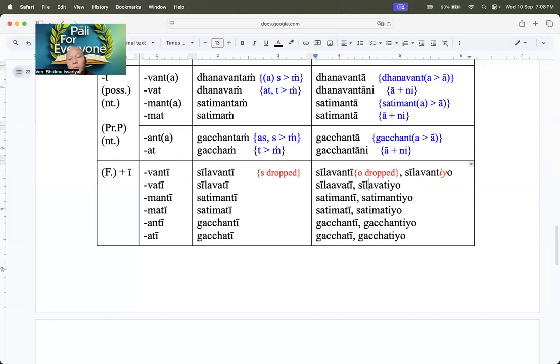Silavatiyo. And also satimantī, the same, all drop, but for the second form, yes.